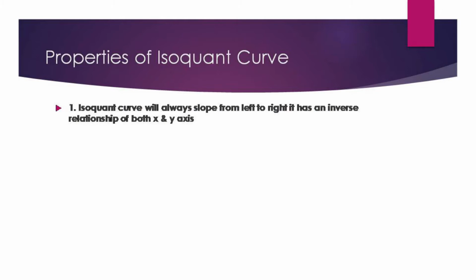The second property: the isoquant is convex to its origin due to the declining MRTS. MRTS is nothing but the marginal rate of technical substitution. So it is going to be convex to its origin.